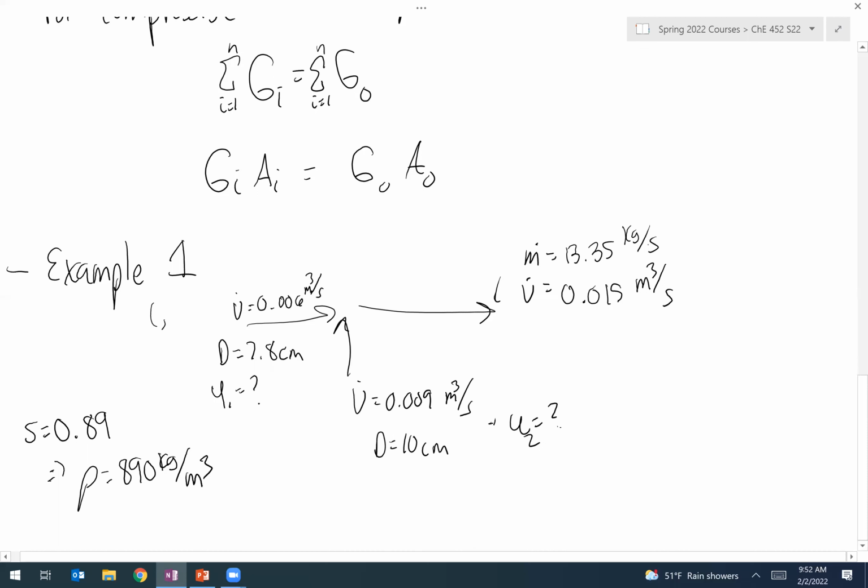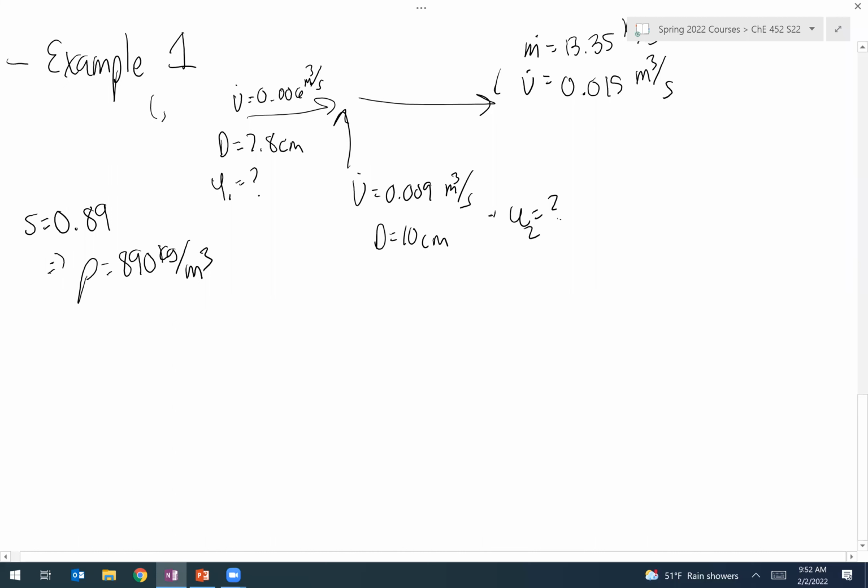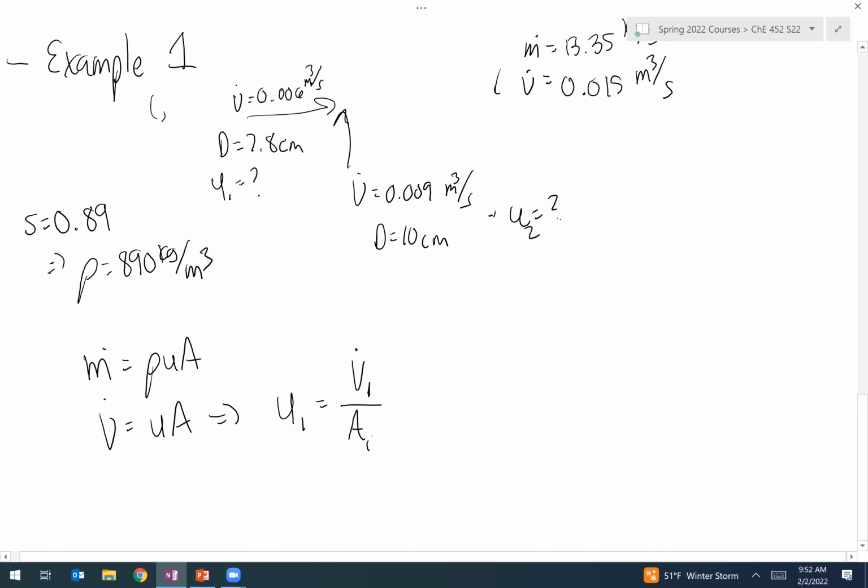That leaves finding the velocities for 1 and 2. I know that the mass flow rate is rho UA and the volumetric flow rate is U times A, which means U1 is equal to the flow rate of 1 over the area, or about 0.006 cubic meters per second over 0.00477 square meters.